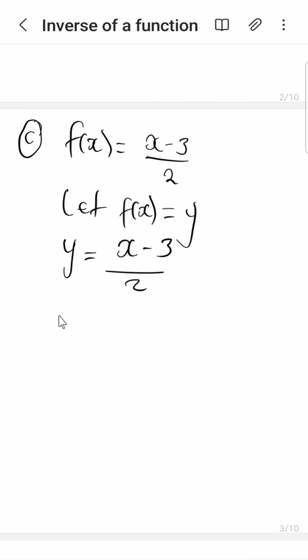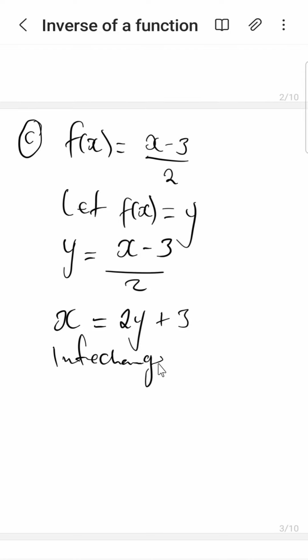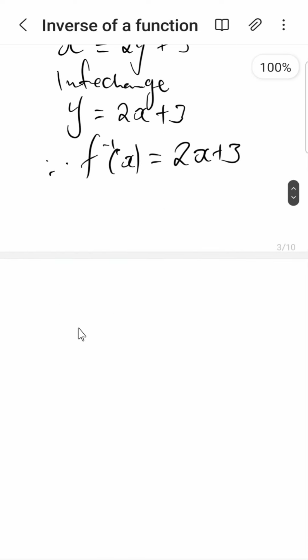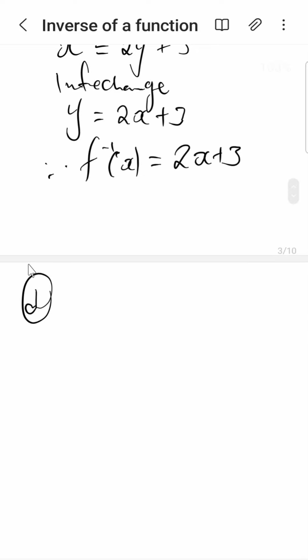You make x the subject of the formula. Now you can write it, you know the steps of doing this. So you interchange. Then y equals 2x plus 3. Therefore, the inverse of f of x is 2x plus 3. Okay, move on to our last example.